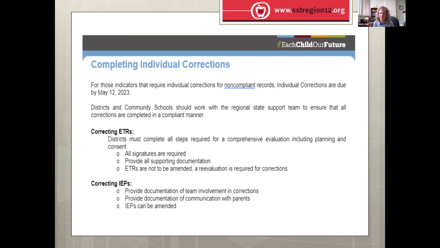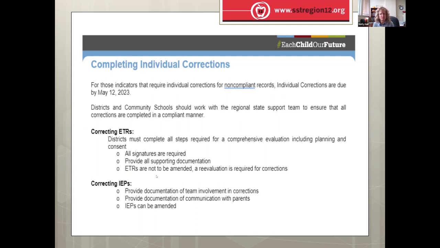So if there's still things that need to be corrected, we have the opportunity to do that before you go to meeting and then have to do another evaluation. So, you know, since we're dealing with evaluations, correcting ETRs, just making sure that we have all the needed signatures, and providing all of the required documentation.